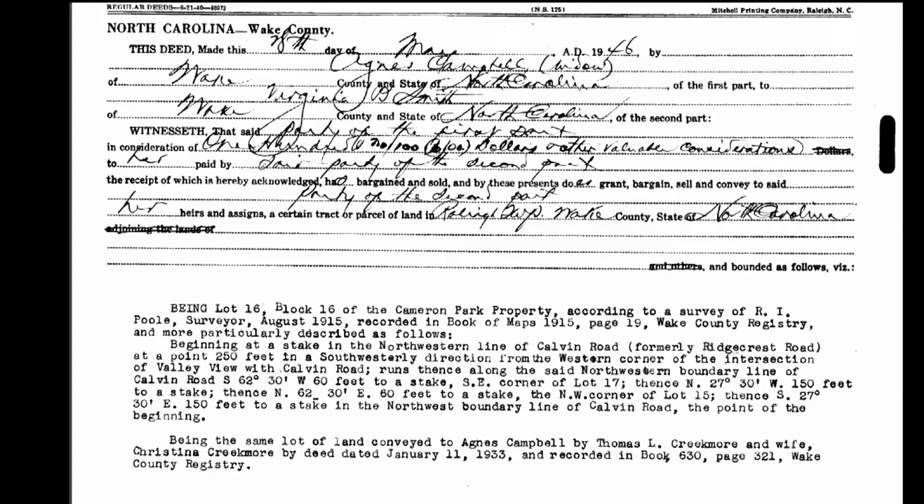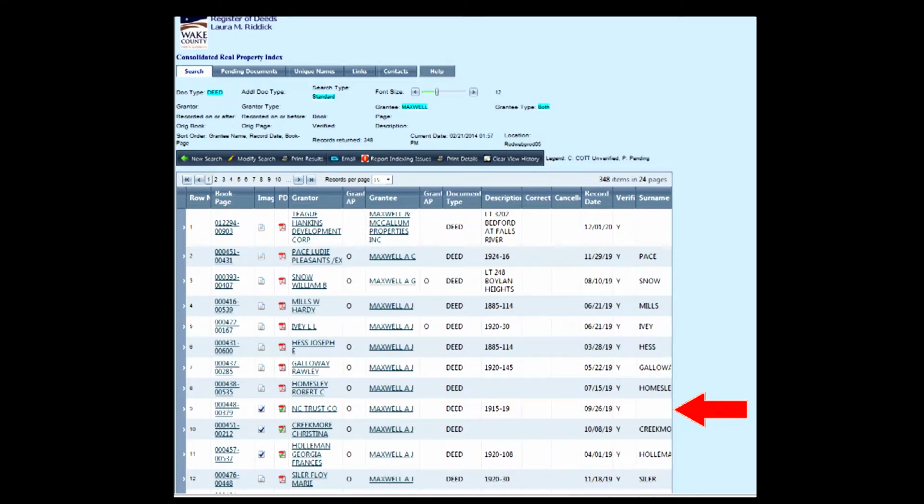So this is the deed. This is when Virginia Smith acquired the property. From there, I went back to the deed page, the search, and I kept going back, and eventually I found that this property had been acquired by a man named A.J. Maxwell.